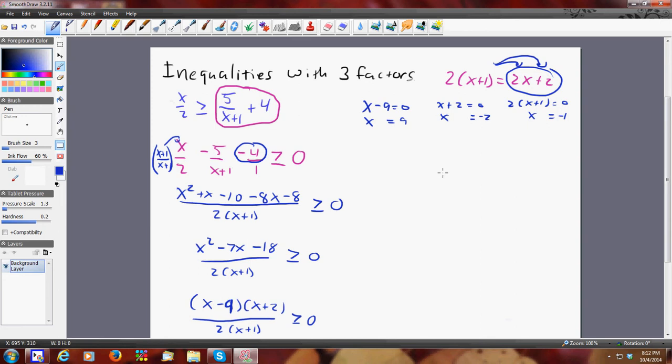And so now, all I'm really interested in is using those 3 values as my test points, which is what I'm going to do right here.